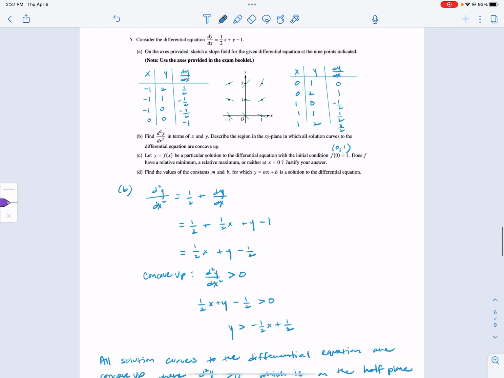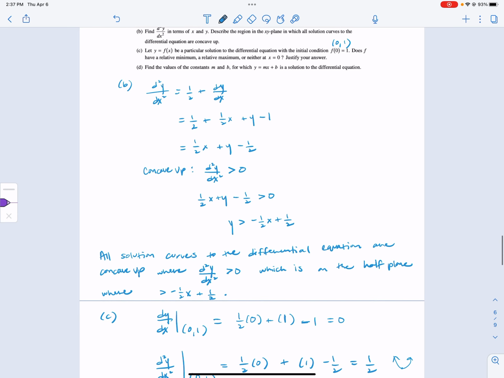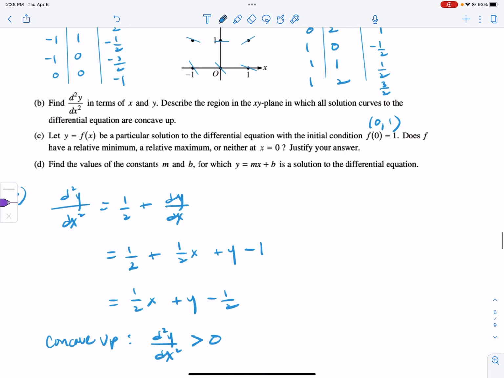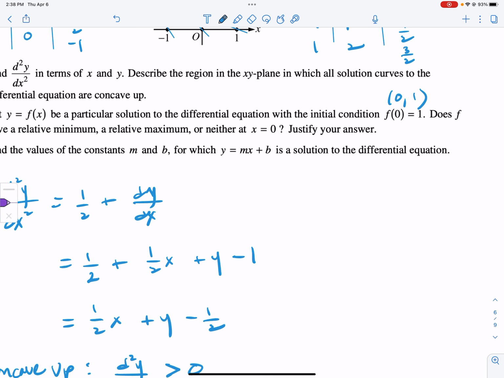Okay, and then question D. Find all the values of the constants m and b for which y equals mx plus b is a solution to the differential equation. Okay, well, what is a solution to the differential equation?